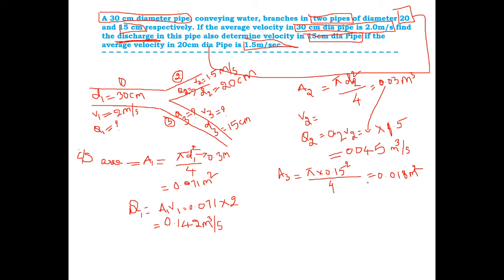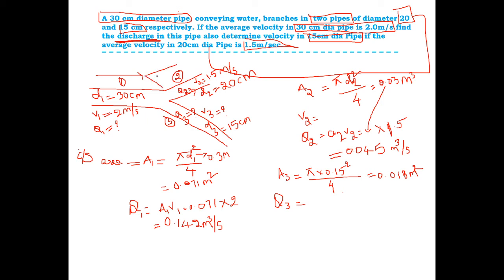Then you have to find out the discharge in the third pipe. You don't know the discharge. How do you get the discharge? As per the equation, this is attached to one pipe. So how much discharge is passing through pipe 1 will be diverting into pipe 2 and pipe 3.